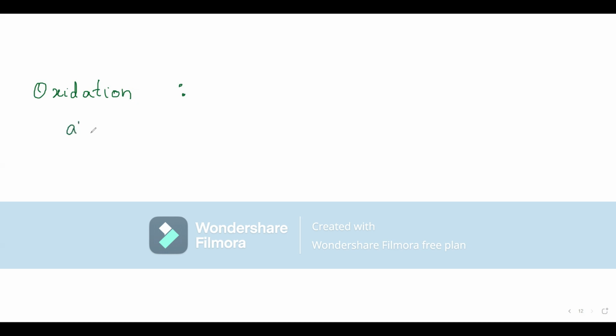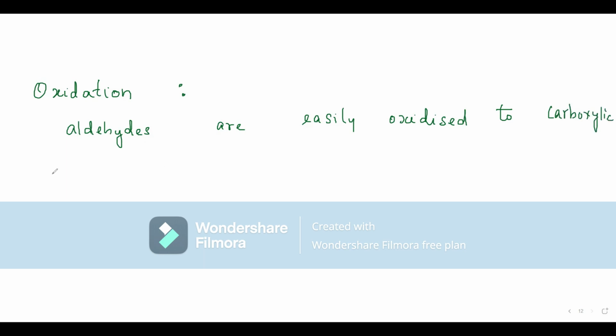So, let's just write it as a statement: aldehydes are easily oxidized to carboxylic acids.